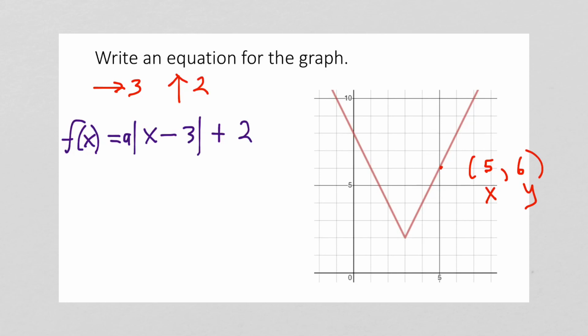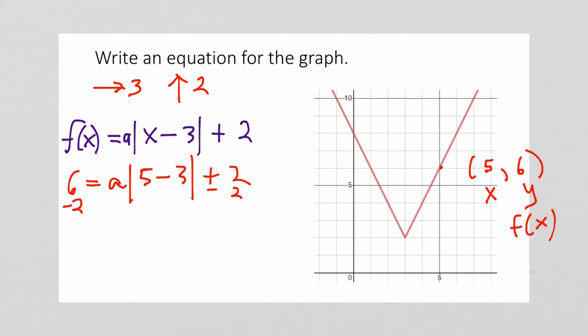So y is the same thing as f of x. So I can say if f of x is 6, I don't know what a is yet, and x is 5, putting the rest in here, I should be able to solve for that a value. Okay, so if I subtract this 2, I get 4 is equal to a times the absolute value of 2.